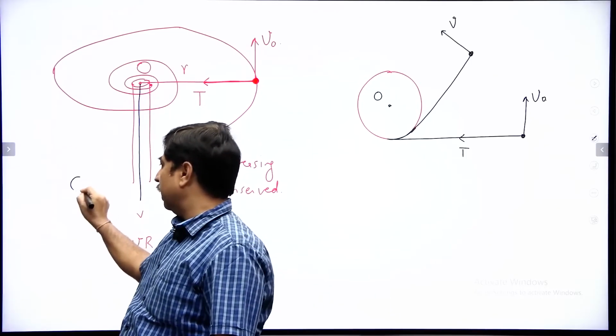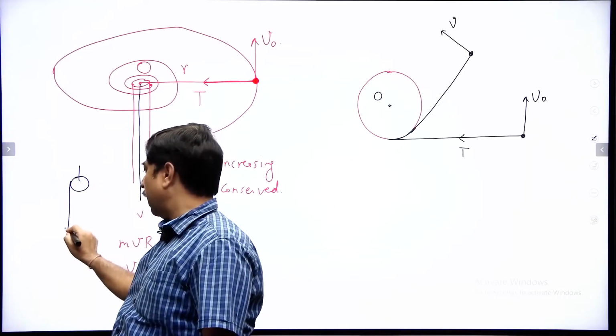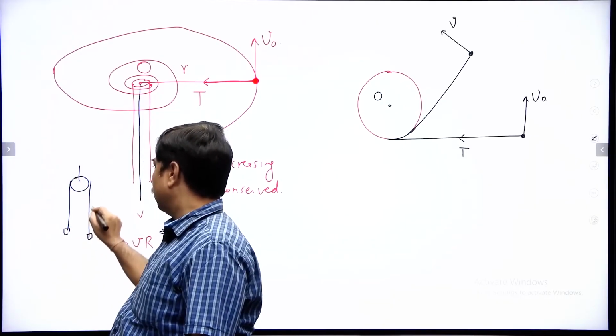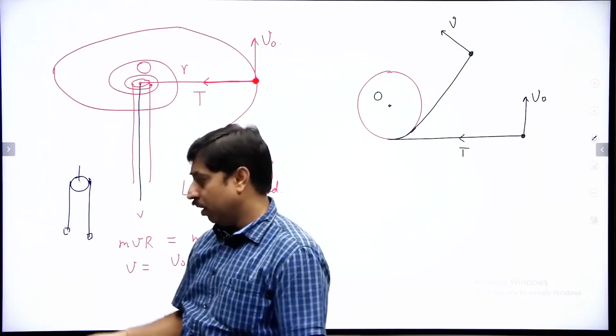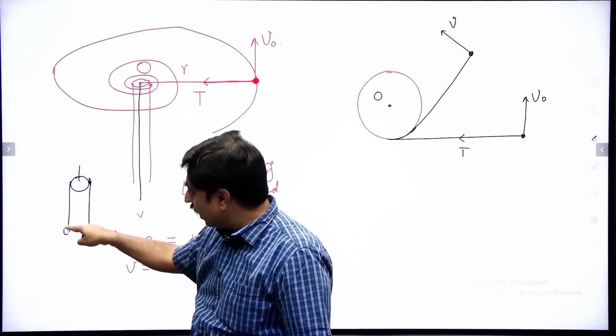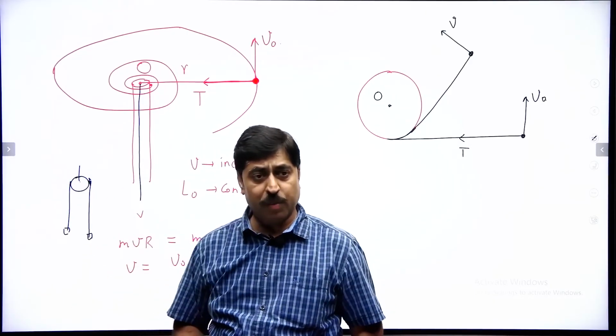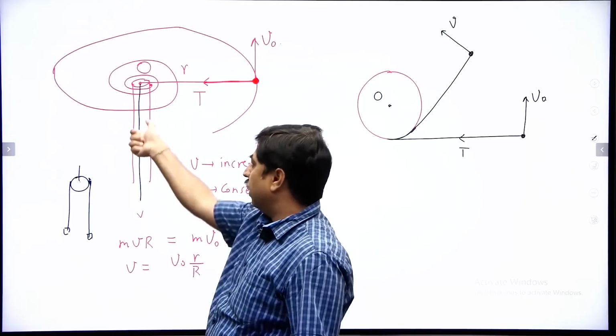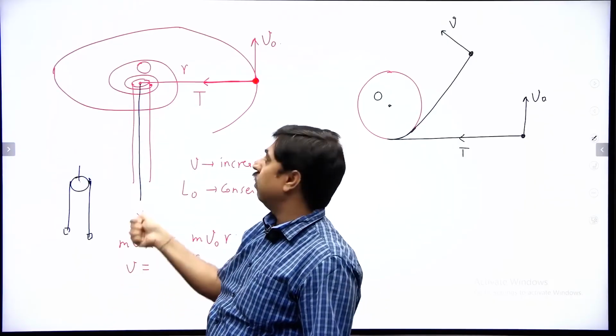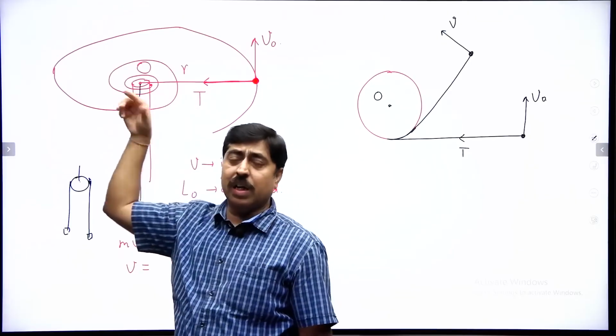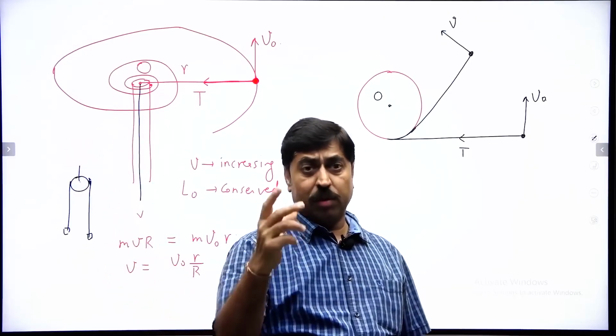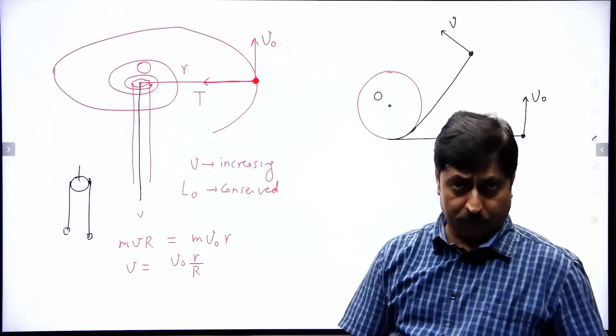If there is a pulley like this and a string is passing over it like this, the string can remain taut if this length of the string increases and this decreases. It is very much possible. It is very simple. Because I am drawing the string down, even if the particle gets closer to O, the string is remaining taut, isn't it?